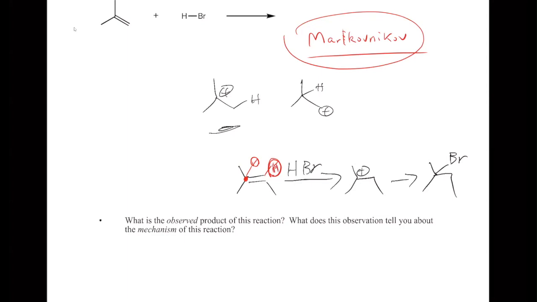This is his original summary. But you probably see there are a few limitations. The first, he didn't explain why it's like this, because at that time we were not sure what the mechanism was. Secondly, if we do not add HBr, let's say we add Br2, something with no hydrogen, his rule doesn't work anymore, right? Because we don't know how to choose the major products.